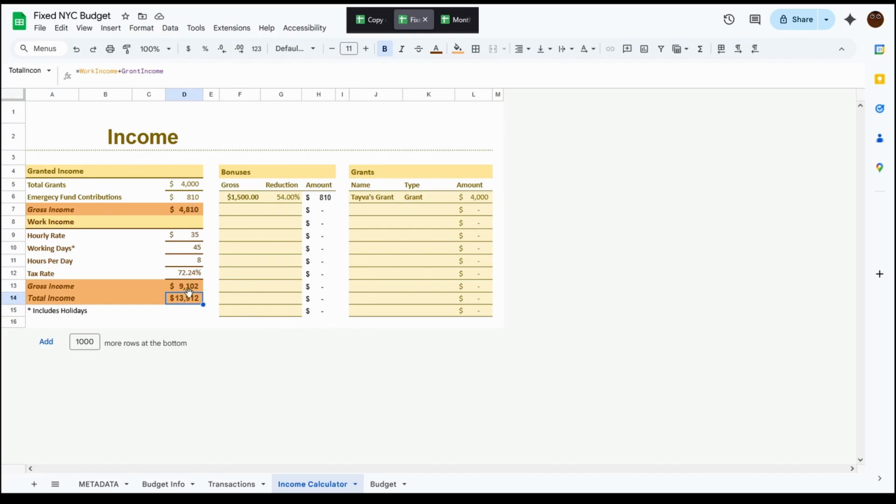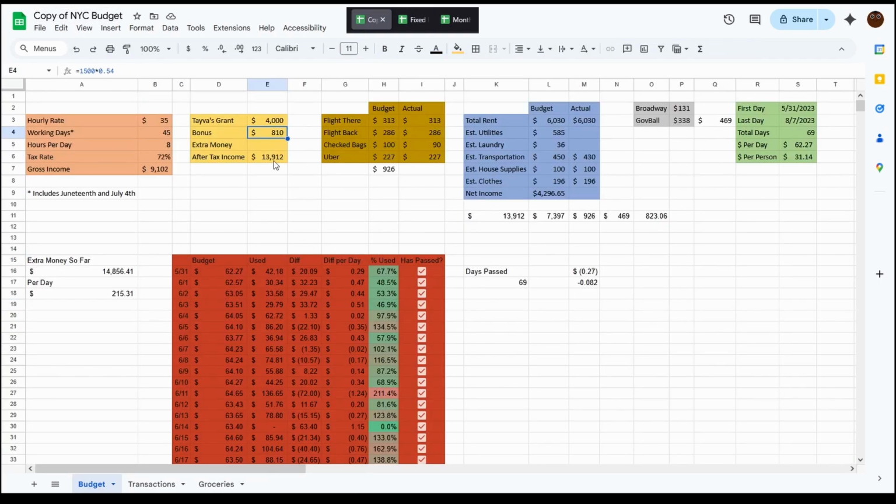You see that. And what you see here as total income, by the name range, is $13,912. And as you see over here, $13,912. Next one, budget. And this one is the crazy one. Here, you end up totaling out to this amount. Just in case you think I'm lying, this is all being summed together to be brought down to here, about $7,397.